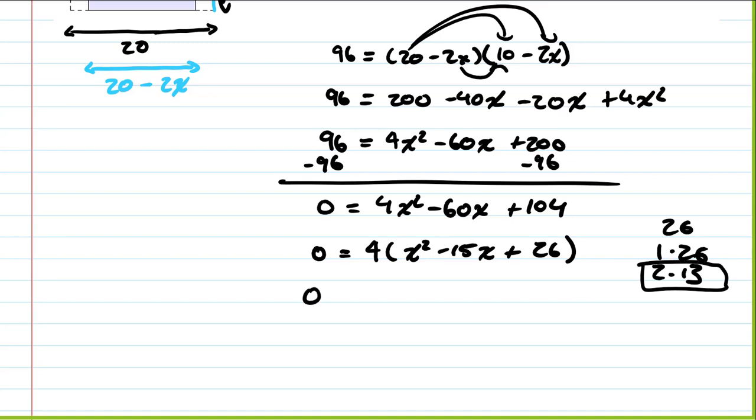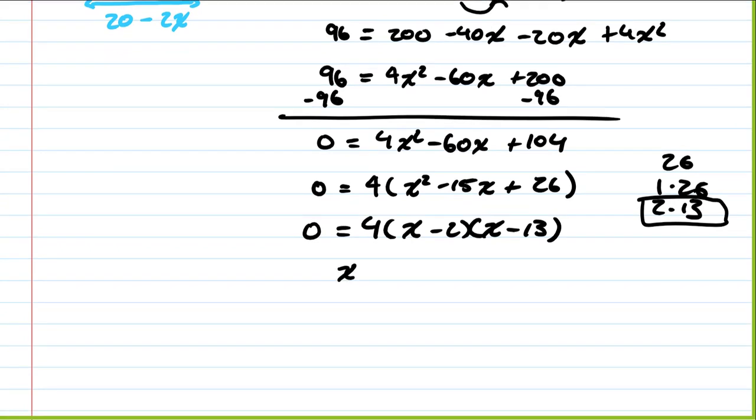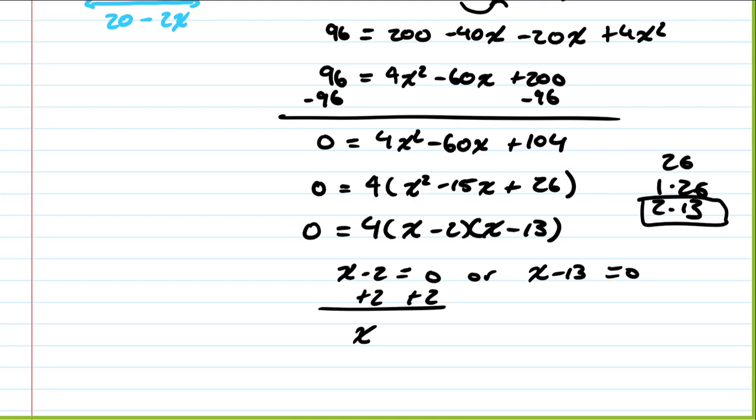So it factors into 4 times x minus 2 times x minus 13. So we get two solutions. So we have x minus 2 equals 0, or x minus 13 equals 0. We add 2, we get x equals 2. And we add 13, and we get x is equal to 13.